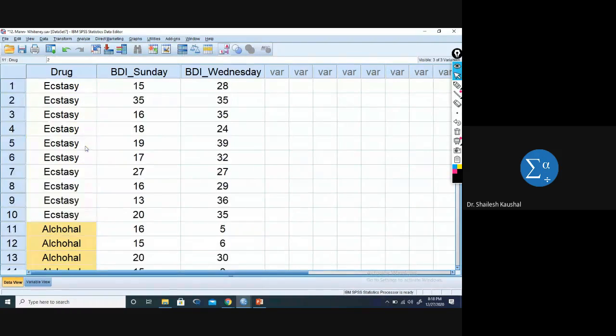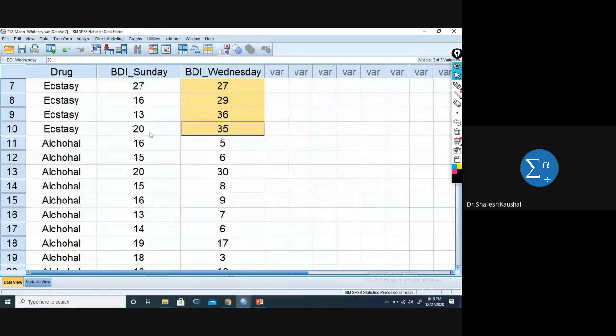So there are two groups. On Saturday night the doctor gives the ecstasy tablet to 10 patients and measures the depression score the next day, Sunday. Continuously for 3 days the doctor gives the tablet, and on Wednesday checks their depression level again.